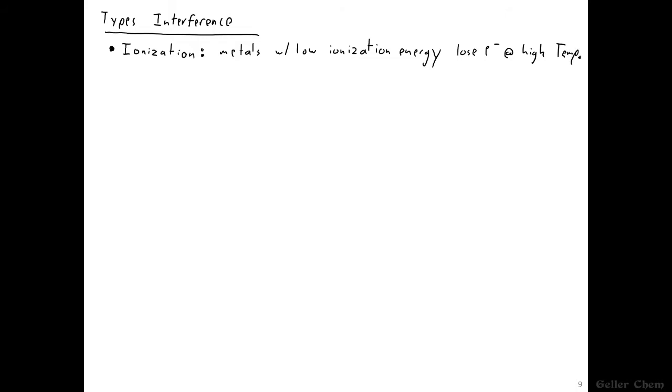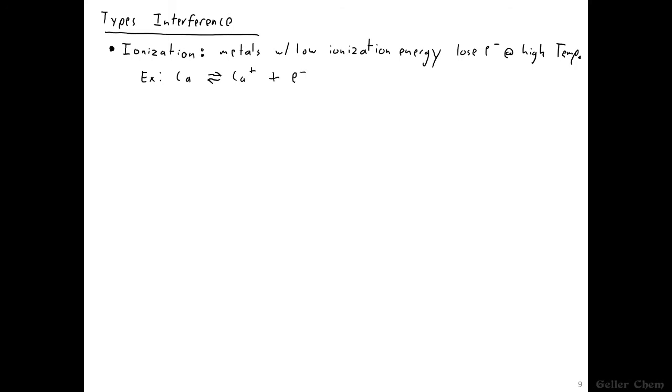And the analyte in our example, which again is calcium, is no exception to this. There is some fraction of calcium atoms that can be ionized at these temperatures, which means that they will form Ca+ and they will lose the electron.